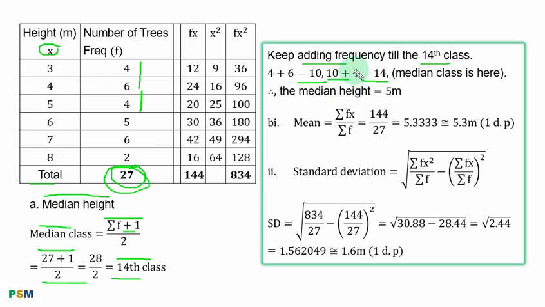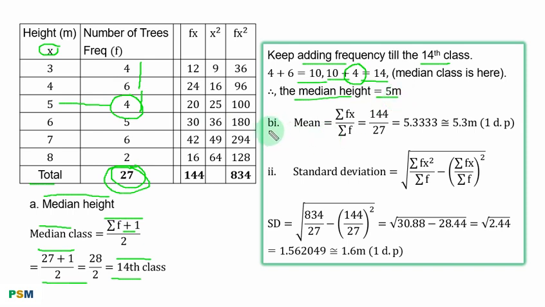You have to note the last frequency added to get the median class. That frequency is 4, and the height that corresponds to it is 5. Therefore, the median height is equal to 5 meters.